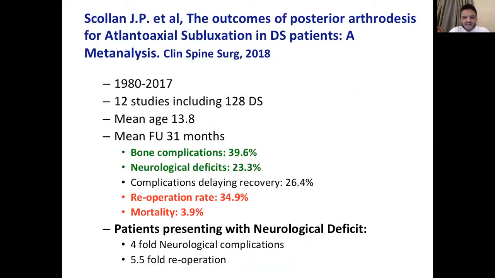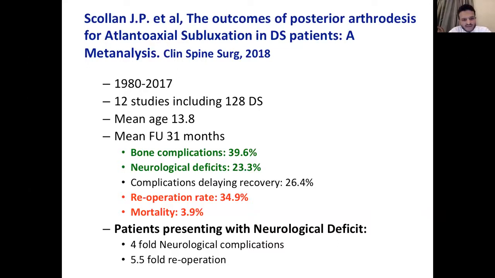Another paper looked at the outcome of posterior arthrodesis for atlantoaxial subluxation, and look at the list of complications. These are many well-done studies published in good journals. Bone complications up to 40%, neurological deficits in a quarter, reoperation rate more than 30%, so almost 1/3.